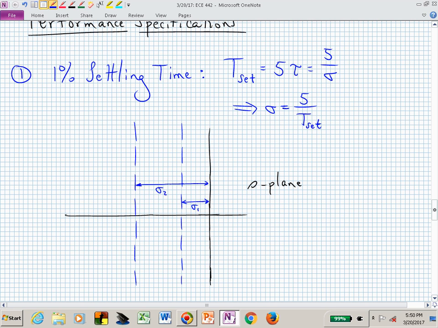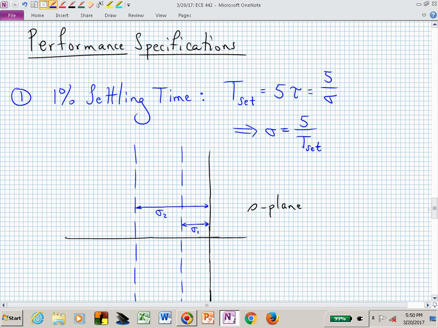And the first performance specification that we will talk about is this 1% settling time, T settle, which is related to the distance we are into the left half plane, and that's determined by our sigma value. If we say we have 5 tau, well, tau is inversely related to sigma, so the settling time is now 5 over sigma, the real part of our complex poles.